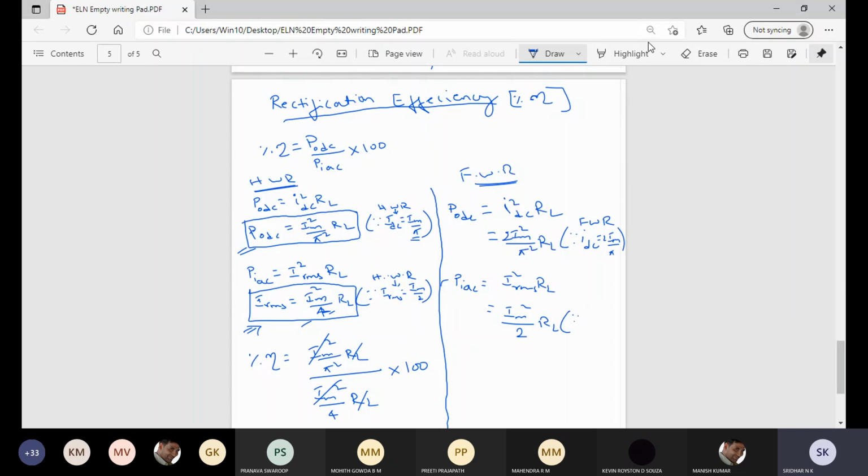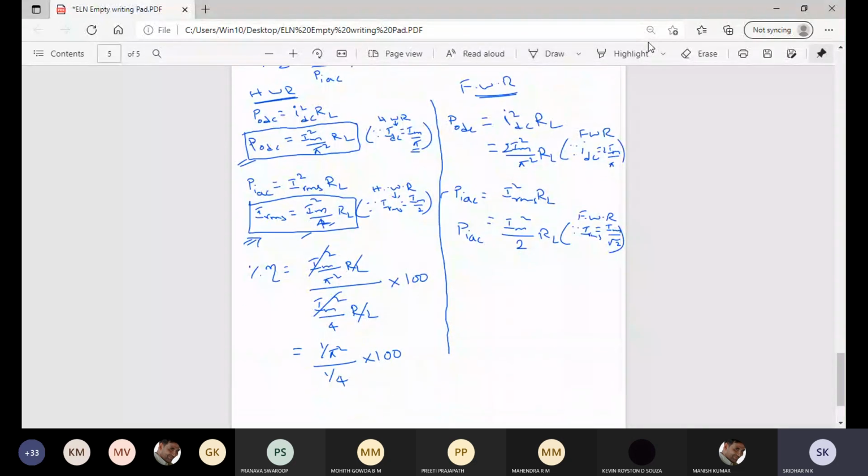Because IRMS is equal to Im by root 2. That's why this becomes Im square by 2, because root 2 square is nothing but 2. Now you know what is PIAC and PODC. Now substitute that.